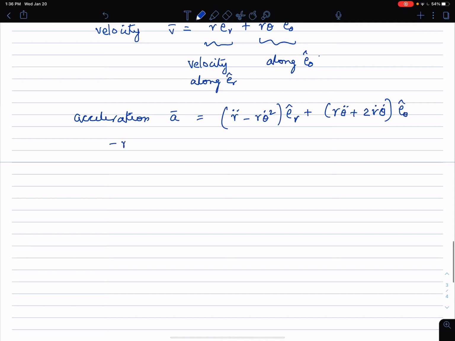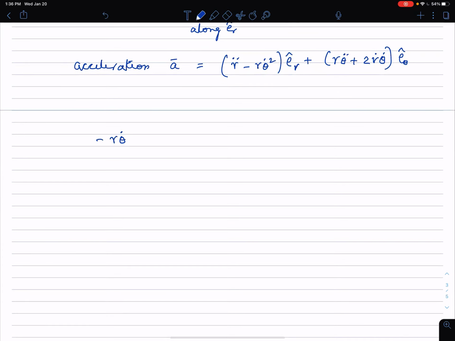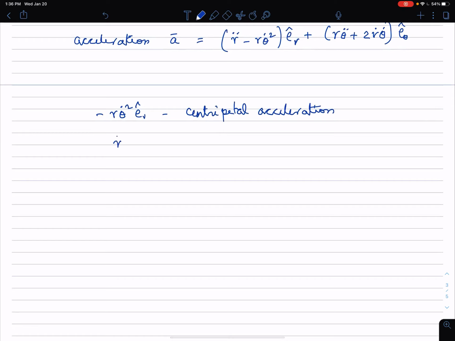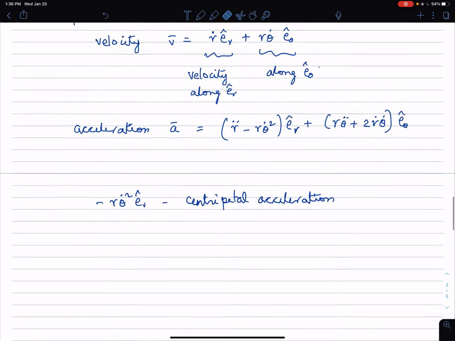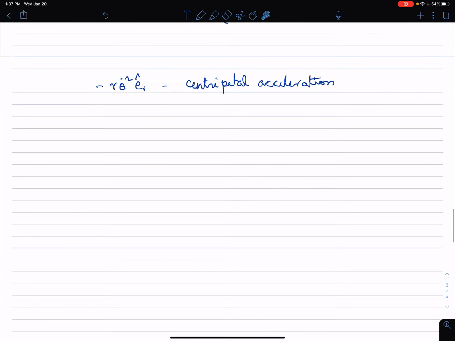This term, like we discussed, is still called centripetal acceleration. This term is just due to the rate of change of the radius. So if the radius changes, you have an acceleration along this direction, and that's basically r double dot e_r. So there's no special name for it.